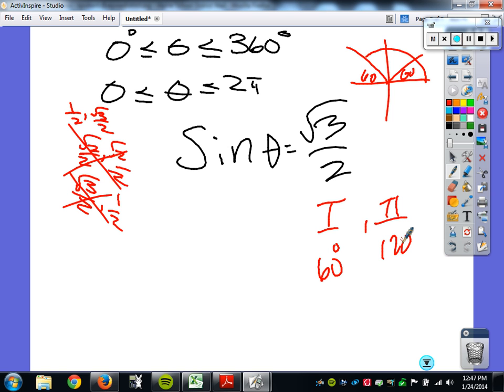I want radians, which is pi over 3 and 2 pi over 3. That was a fairly simple one, right? Because that's using our knowledge of the unit circle. And that's why I want it memorized, so that you can do these a little bit quicker. Okay? Onward.